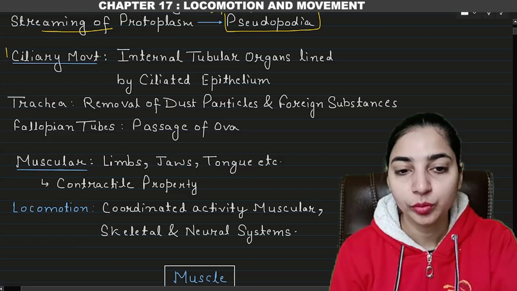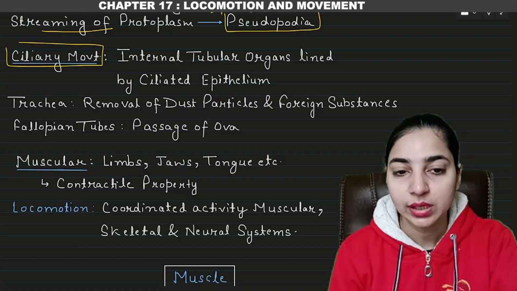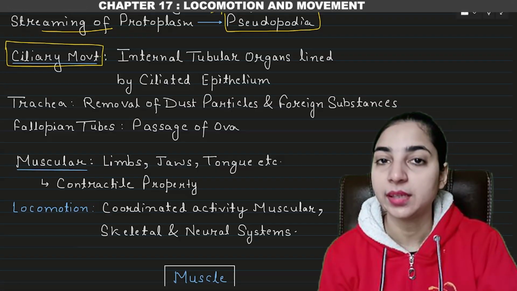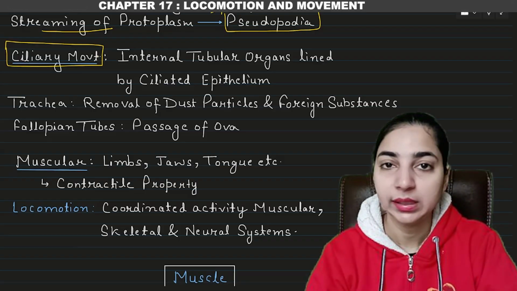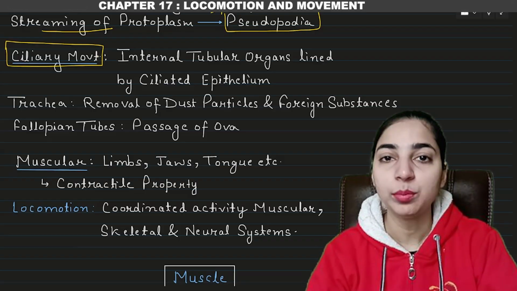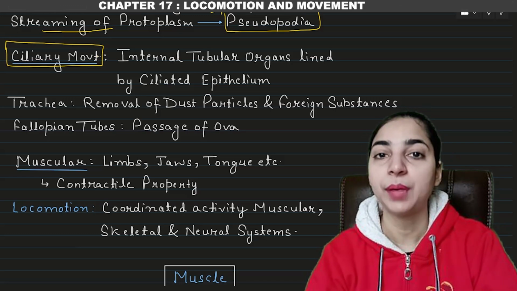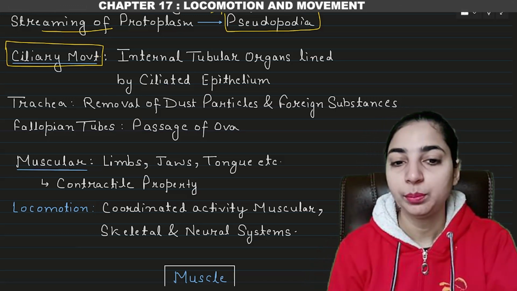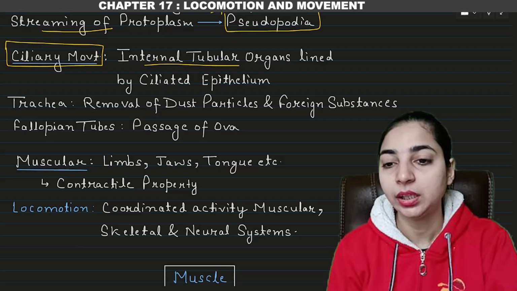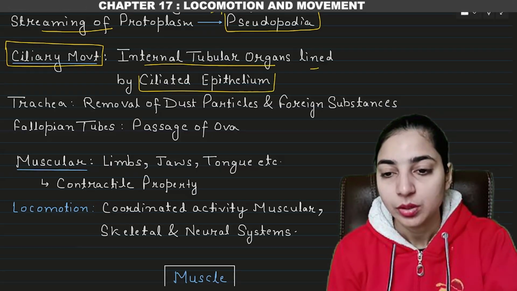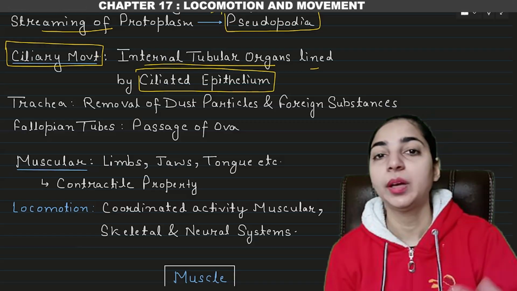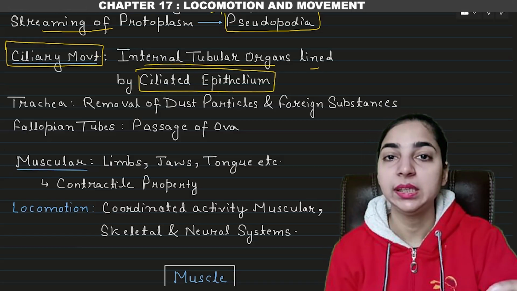Now the second type of movement is ciliary movement. So just now we have discussed the cilia that are present on the body of the paramecium. So what is the function of the cilia? Again, the movement. Similar type of cilia are also present in some parts of our body. Where are they present? In the internal tubular organs which are lined by ciliated epithelium.